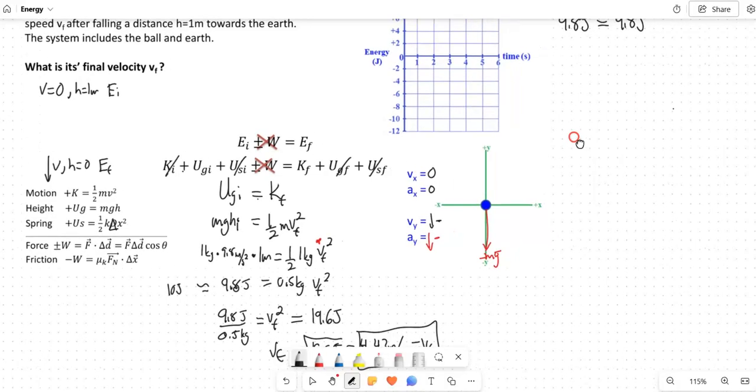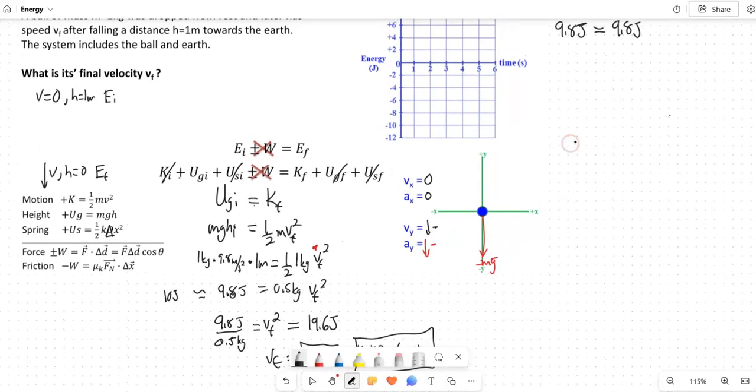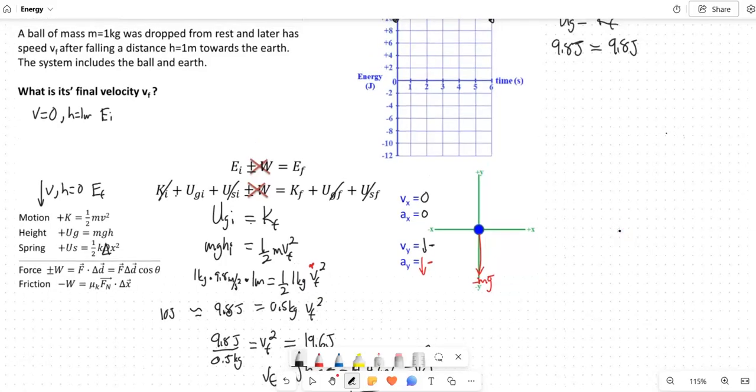Let's see how long it would take it to fall a distance of 1 meter. So velocity is equal to displacement over time. And so what that means is displacement is going to be equal to change in velocity times, actually we need to find out what time is.